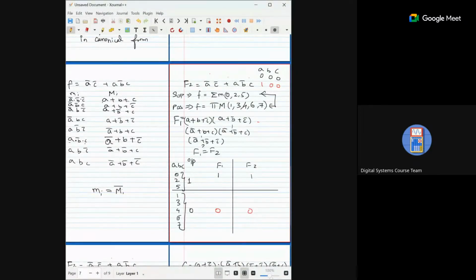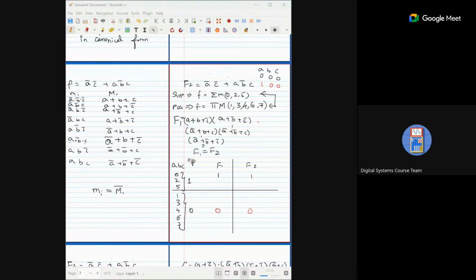Well, again I will put some things. M1, okay, let's M3. Which are not adjacent?